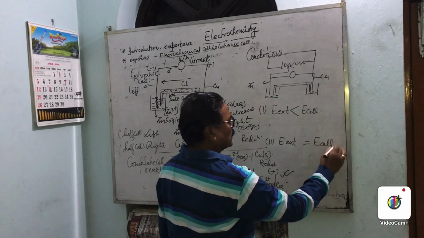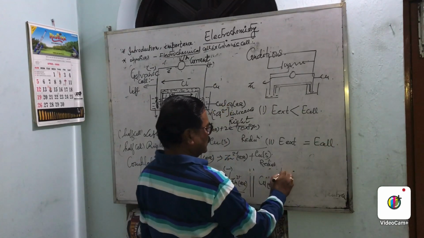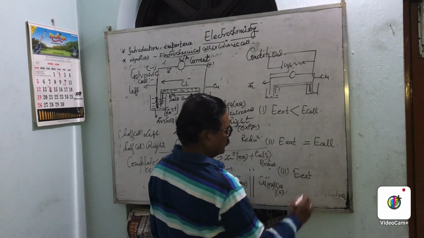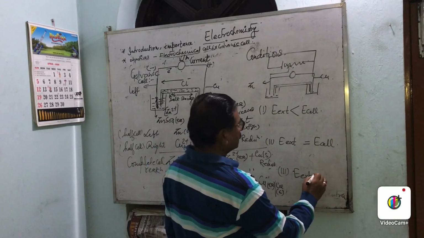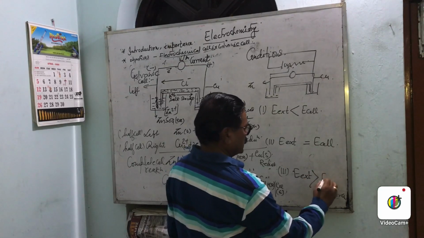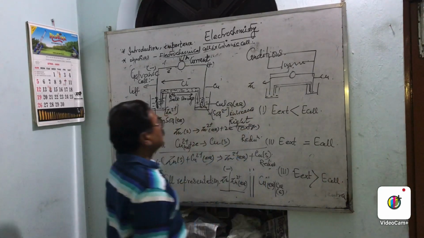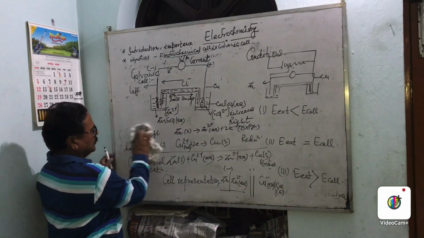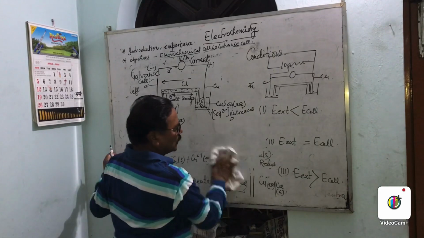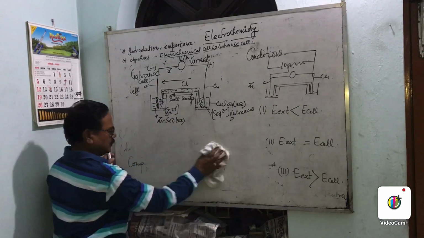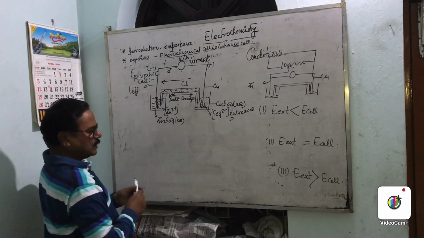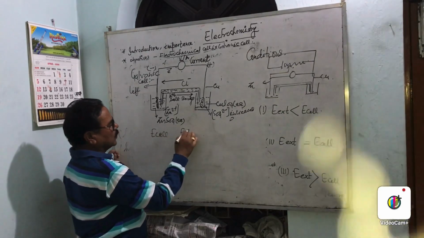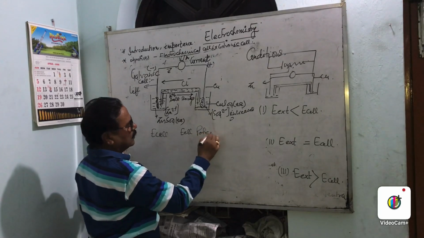And the third condition: when E external is greater than E cell. This E cell is called the cell potential of the cell.